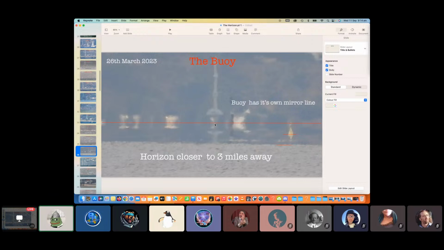Now, I just want to ask you real quick, when you're drawing this red line, is this out of a cropped, zoomed in photo, or is this the whole image and you've just highlighted the mirror line? I guess what I'm asking is the camera level? Is it completely level? Were you leveling out the camera before taking the photo?